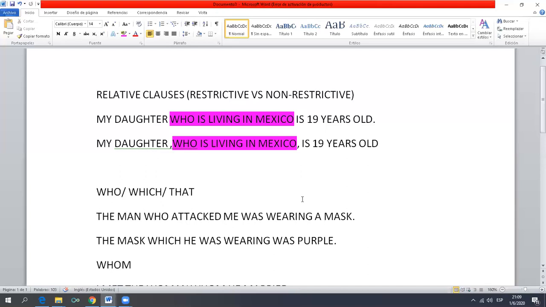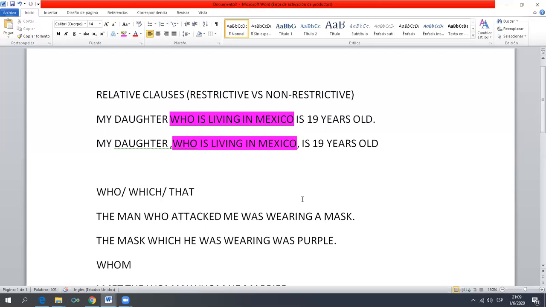In this particular case, this probably means I have, let's say, two daughters. And so in order to restrict the meaning of daughter, to define which of my daughters I'm talking about, I say my daughter who's living in Mexico is 19 years old. And I could go on and say, my daughter who is here is older.